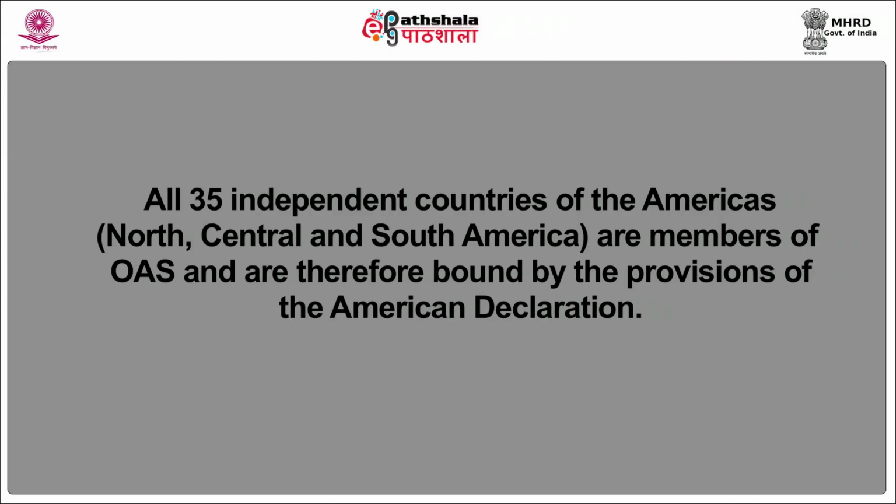Yet, today it is widely understood to contain binding obligations against the member states of the Organization of American States, that is, the OAS. All 35 independent countries of the Americas are members of the OAS and are therefore bound by the provisions of the American Declaration.